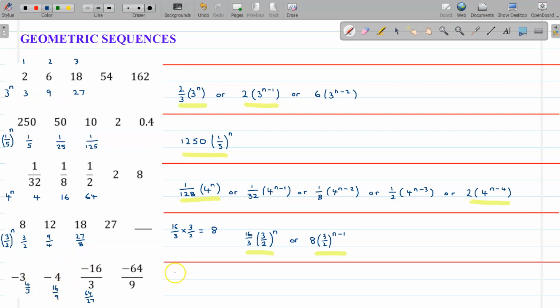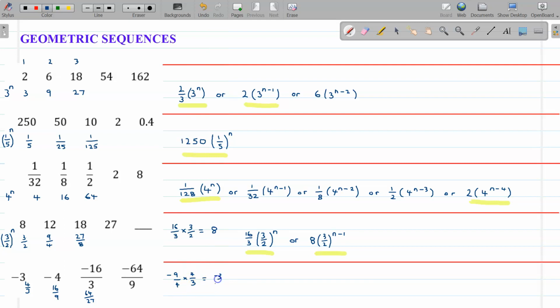Okay, so I'll just show you that here. So if I took 4/3 and multiplied it by minus 2 1/4, which is minus 9/4, you can see that that would give me minus 3, because the 4's would cancel, the minus 9 would cancel with the 3 to give me minus 3.